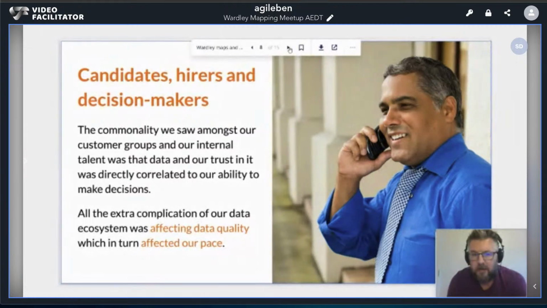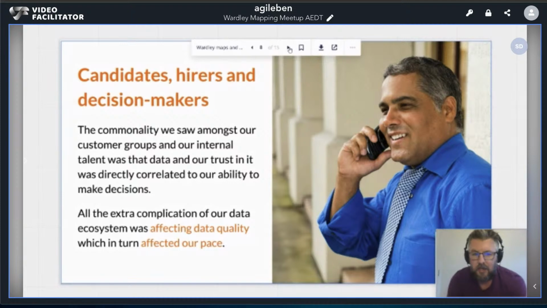Just another angle. When we think about value at Seek, Seek or any job board is a two-sided marketplace made up of candidates, hirers, and then internal to our business, there are also decision makers.